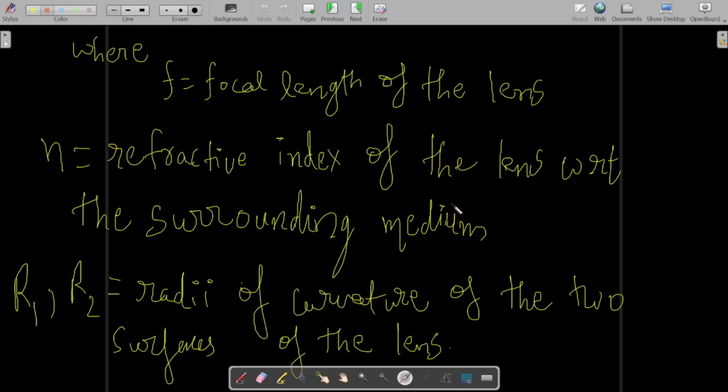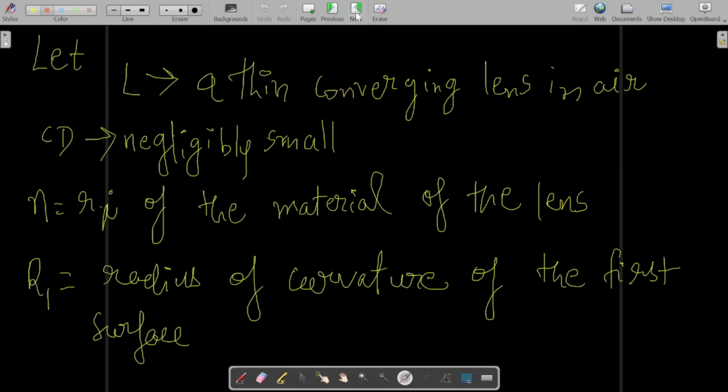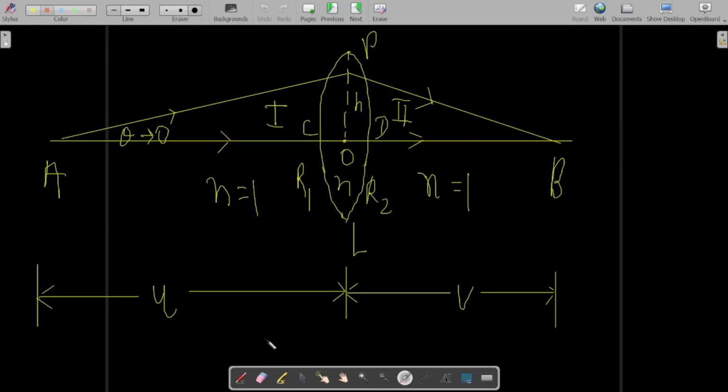Now you will have to understand this with the help of a figure. So here is the figure, and here is your lens. This area is the volume occupied by your lens. This complete area is occupied by your lens, and this is the surrounding medium of the lens.